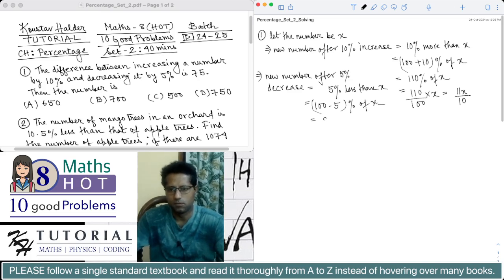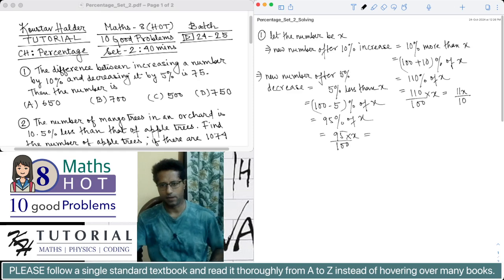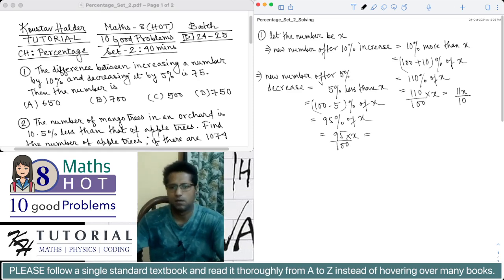This is equal to 95% of x. This is equal to 95 by 100 multiplied by x. After simplifying 95 by 100, we have 19 by 20. So this is 19x by 20.